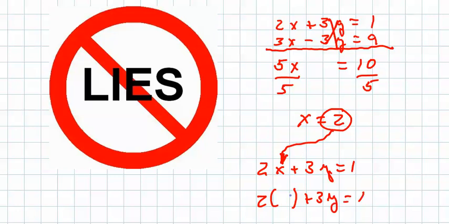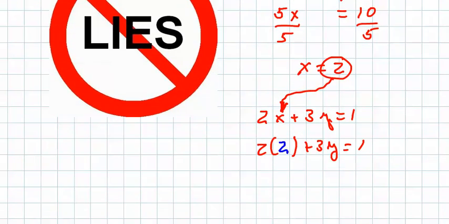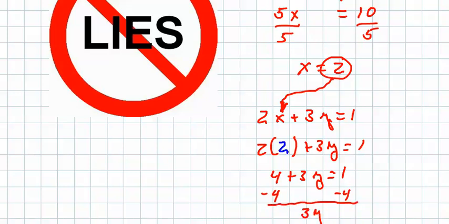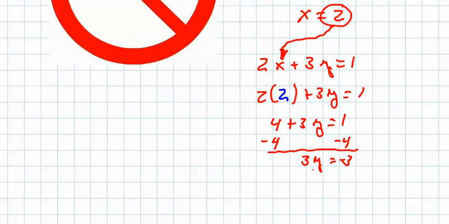And x we know is 2. So then we end up with 4 plus 3y equals 1. Subtract 4, subtract 4. 3y equals negative 3. And lastly we divide by 3, divide by 3, y equals negative 1. So our solution is the ordered pair 2, negative 1.